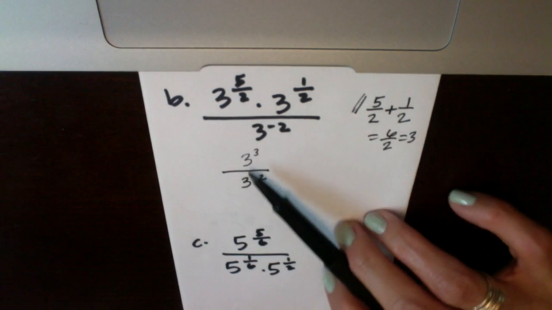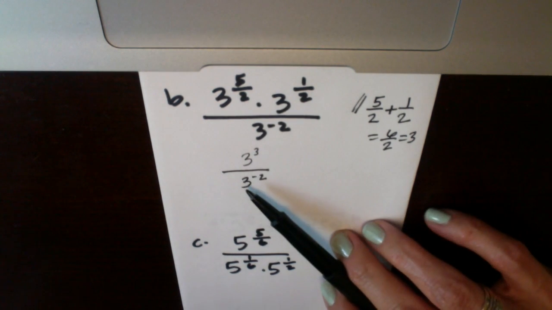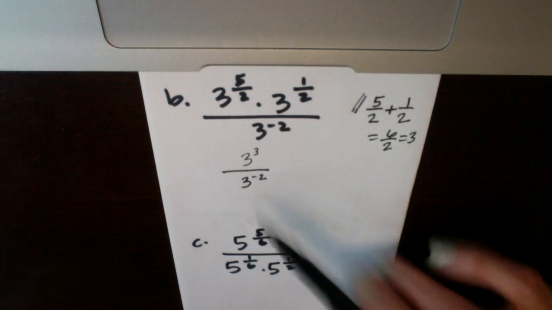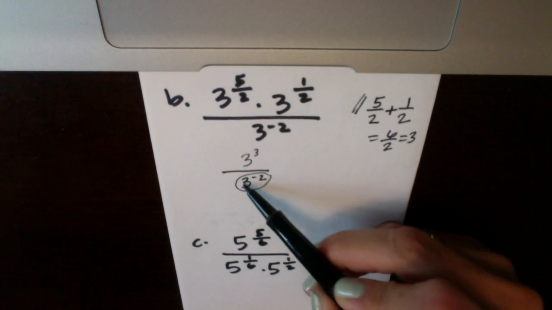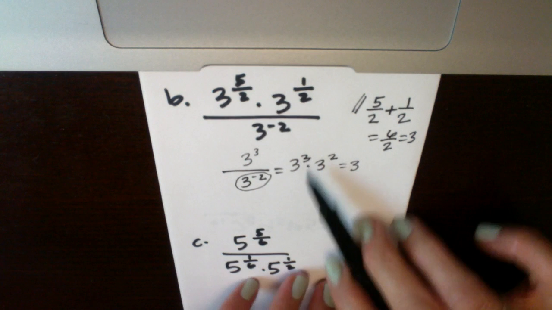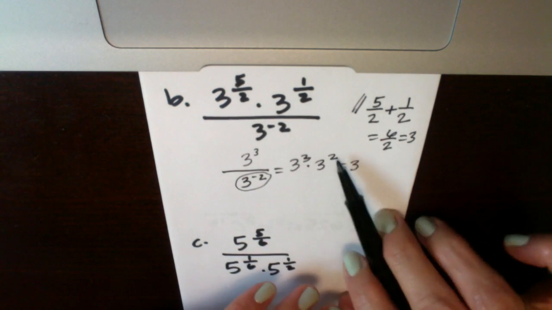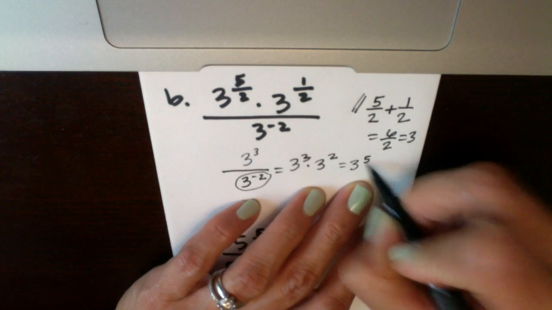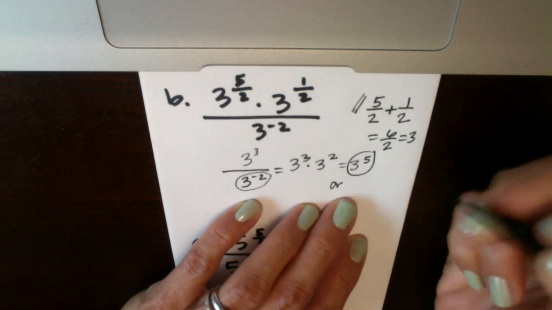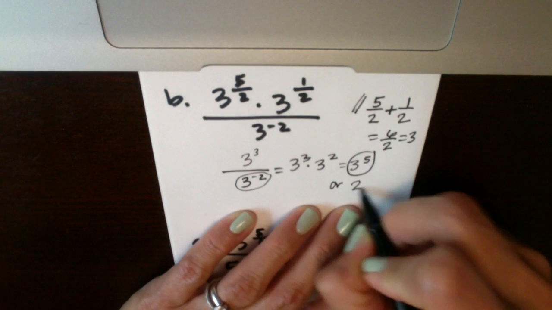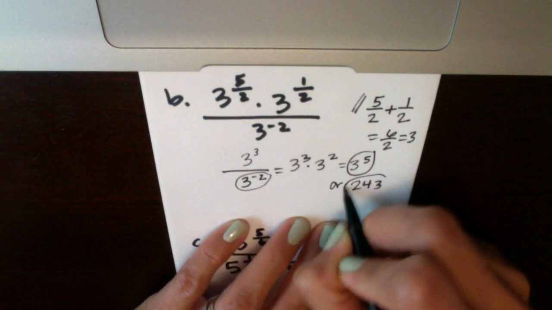So here you have same bases. The base number is 3. This 3 on the bottom has a negative exponent, so we're going to move this base number to the top. 3 cubed times 3 squared, add those exponents, so you get 3 to the 5th. You could leave it like that, or you could multiply that out, which ends up being 243.